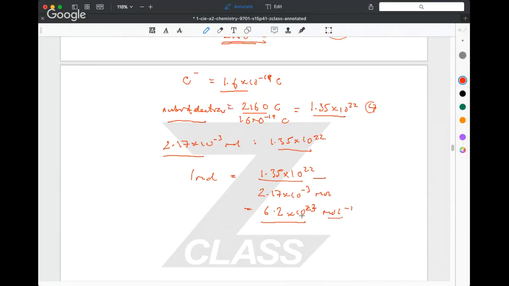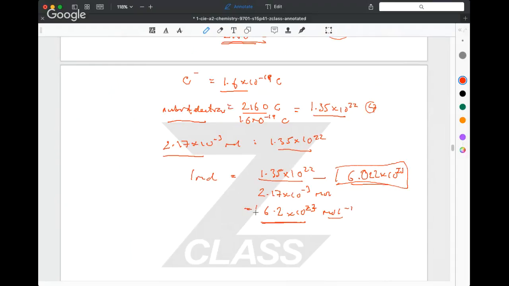Now, the examiner said that if you just guessed, because you knew that the Avogadro constant was 6.022 times 10 to the 23, like you might know that, if you just guessed that value and put it in at the end of the calculation, you'd get no marks. They're asking you to do this calculation, and through experimental error, you've got a value of 6.2 times 10 to the 23, which is pretty close to the value that we know, which is 6.02 times 10 to the 23.